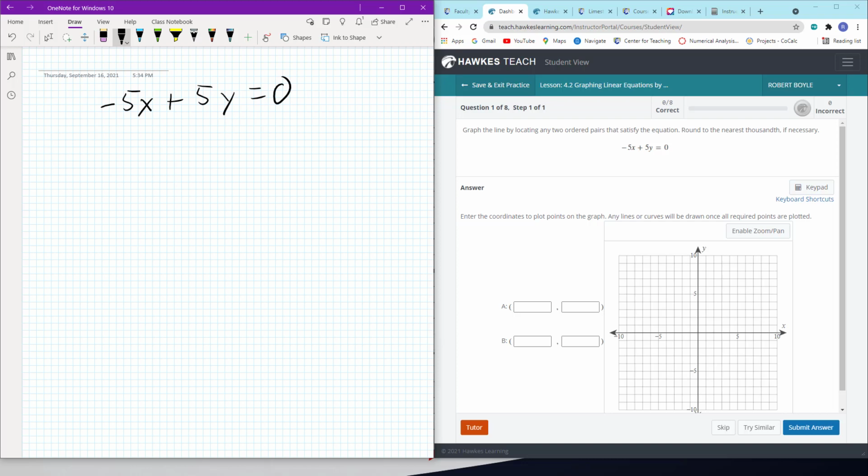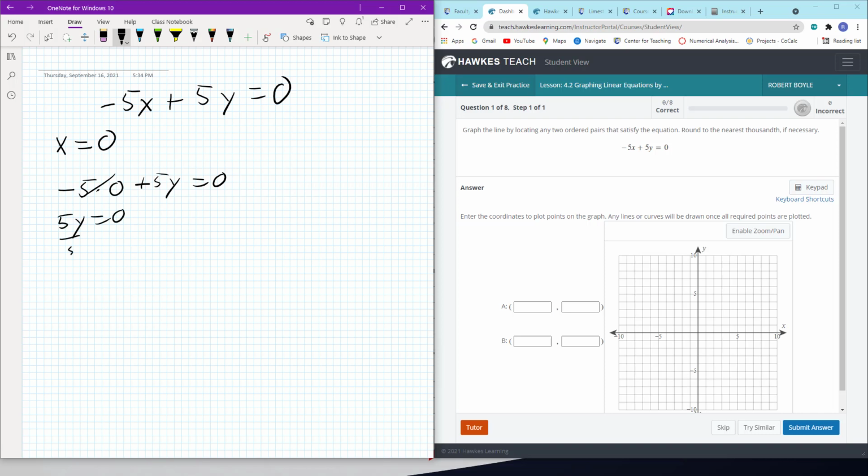So let's let x be equal to 0. Well, if we do, then we're going to have negative 5 times 0 plus 5y is equal to 0. Well, that's not fair. This cancels. We have 5y is equal to 0.